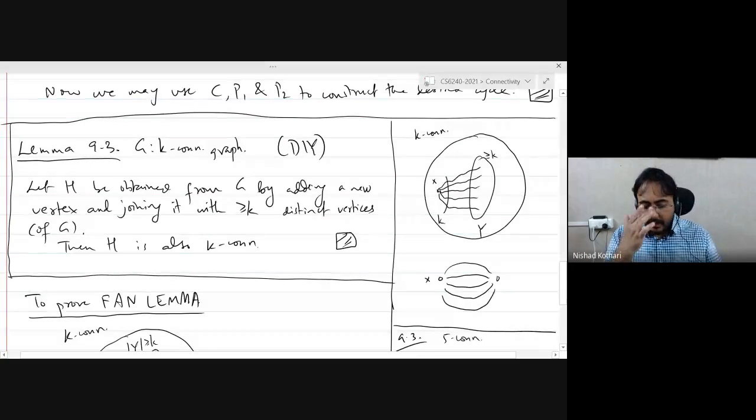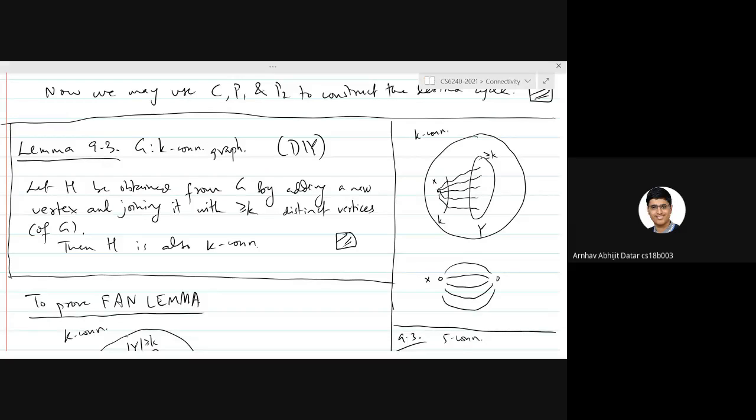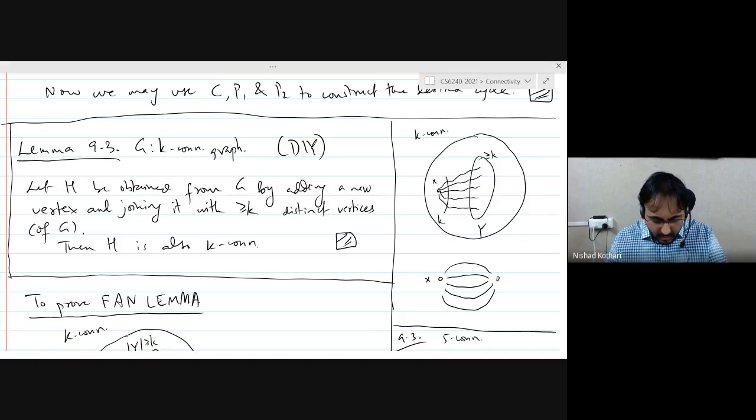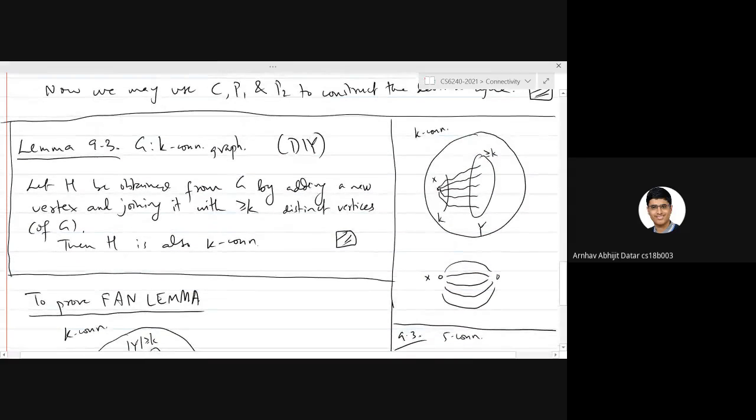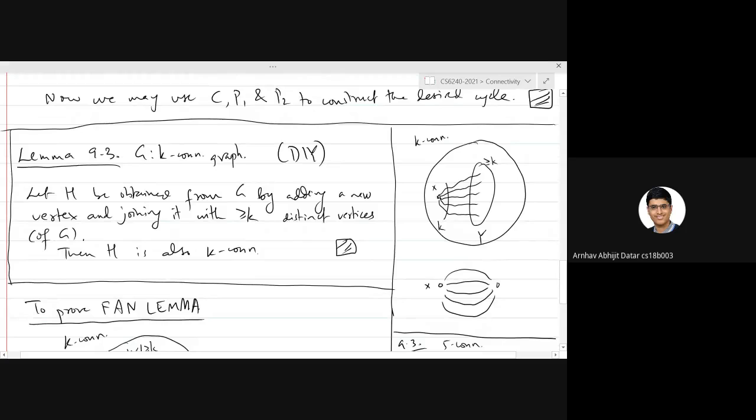Are there any questions or concerns so far? Yeah, go ahead, Arnav. For the fan lemma, we also need to consider the trivial case of a complete graph, right? Like you just said that there will be a y which will be outside, I guess. Right.